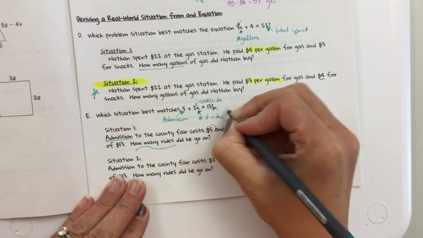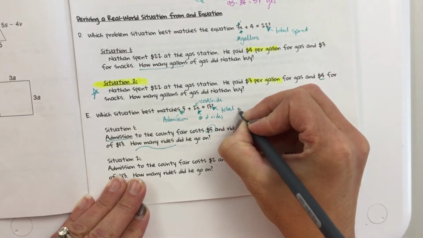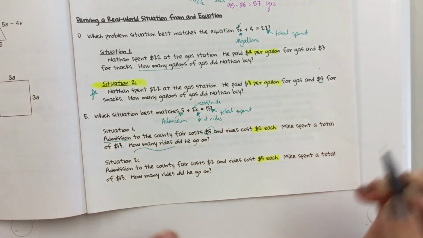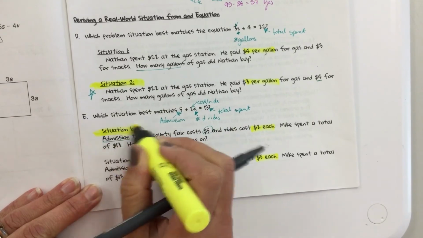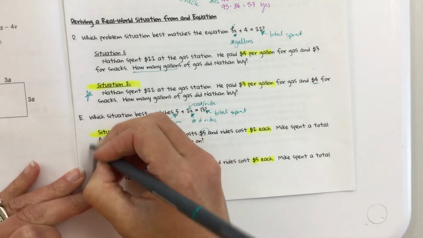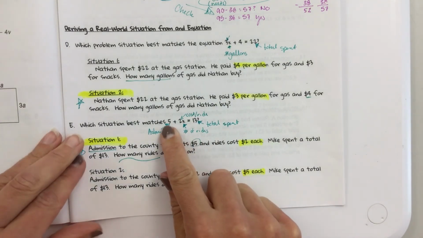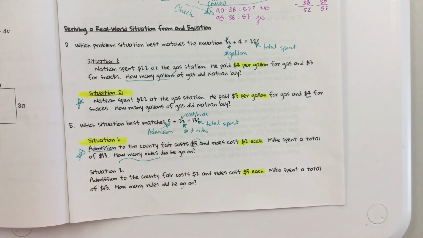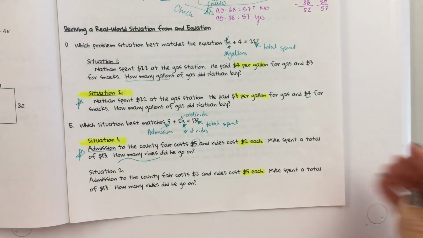And this is the total cost, or total spent. So then that confirms that this situation matches the equation that they gave us. So it's kind of tricky, but the more you can explain this and write this out, the easier it is. Okay, so let me know if you guys have any questions.